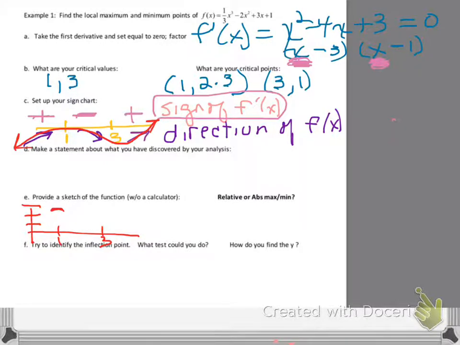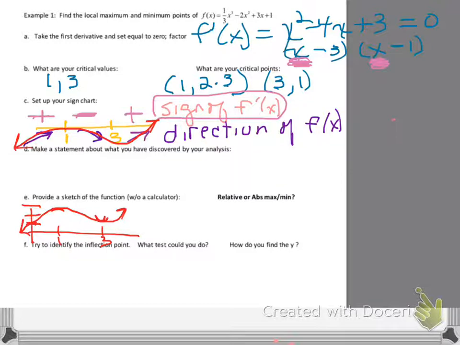I know at 3, 1, I have a min, so I'm going to make that a smiley face. And I know my y-intercept has to be at 1 because that's what my function indicates. So now I can approximate the sketch. So here is my approximation, which matches what I saw on my sign chart.